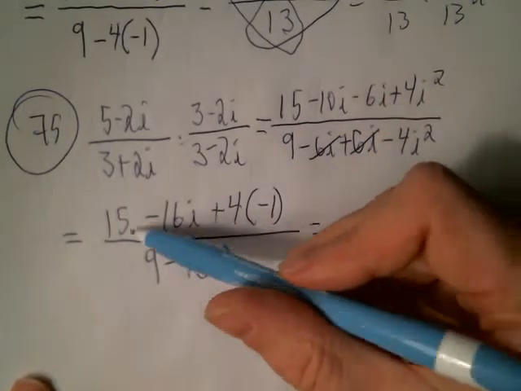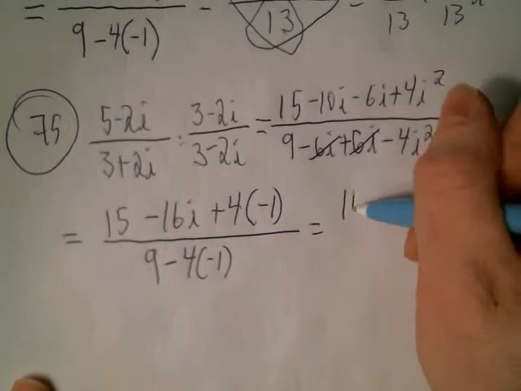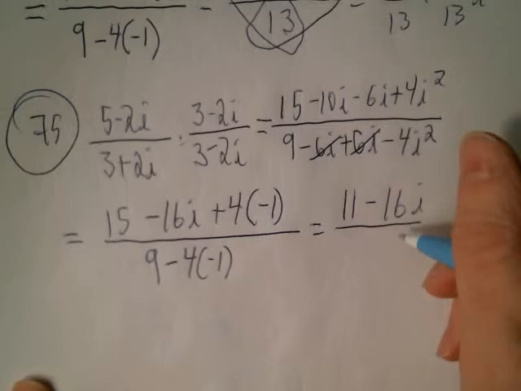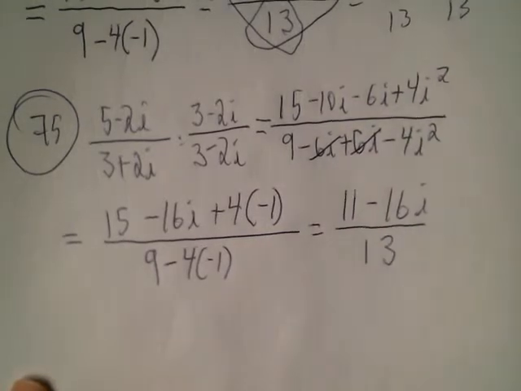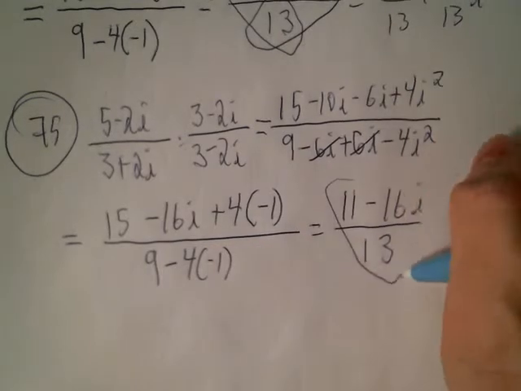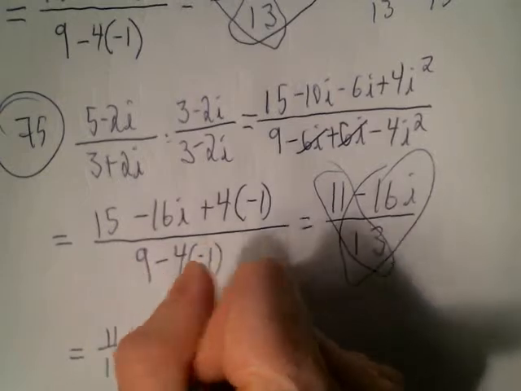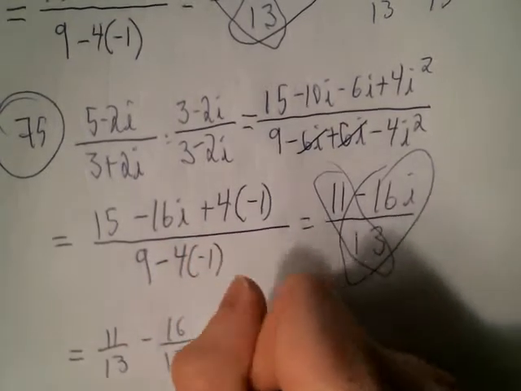Okay, in the numerator, I'll have 15 minus 4, which will give me 11. Downstairs, 9 plus 4 will give me 13. Then butterfly it, and we have 11/13 minus 16/13 i.